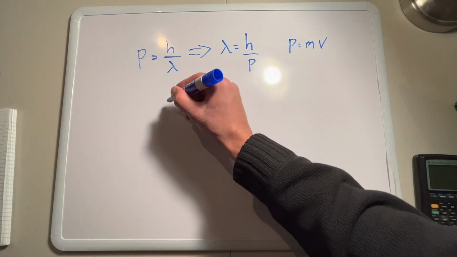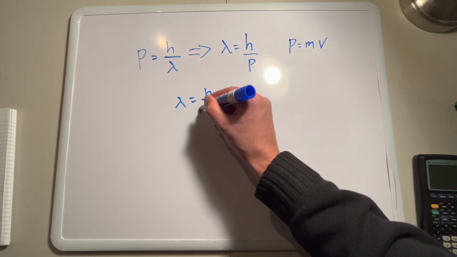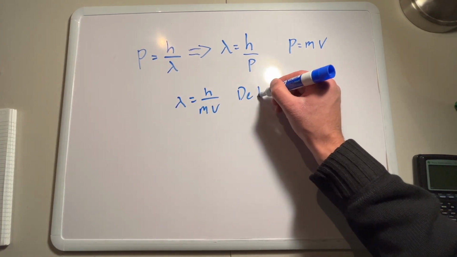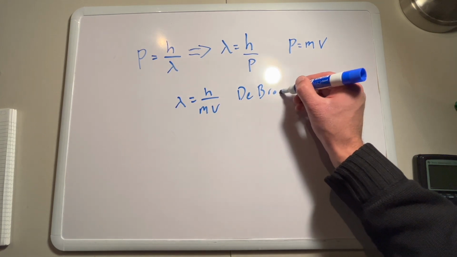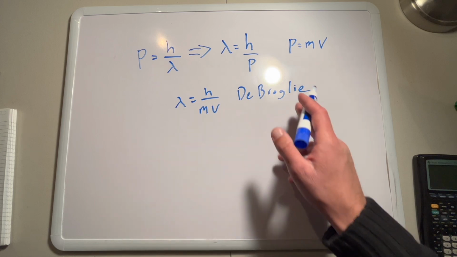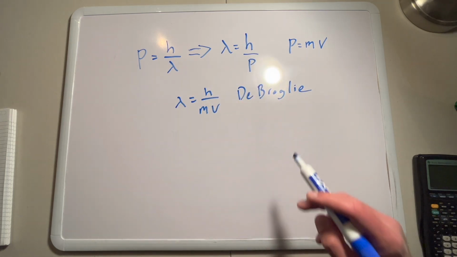And we can plug that in there, h over mv, and that is the de Broglie, or de Broglie, as I've heard it pronounced, wavelength for some object with momentum.